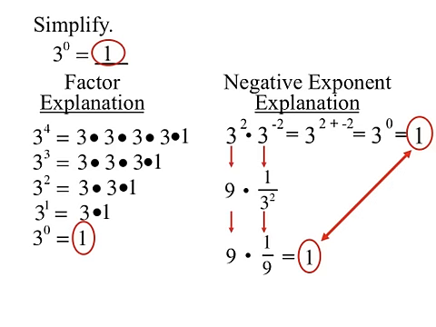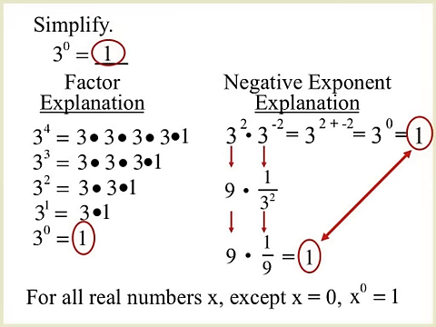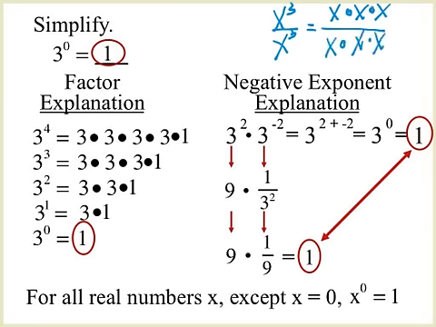If I have x, say I have x to the third over x to the third. I multiply that out. This means x times x times x over x times x times x.